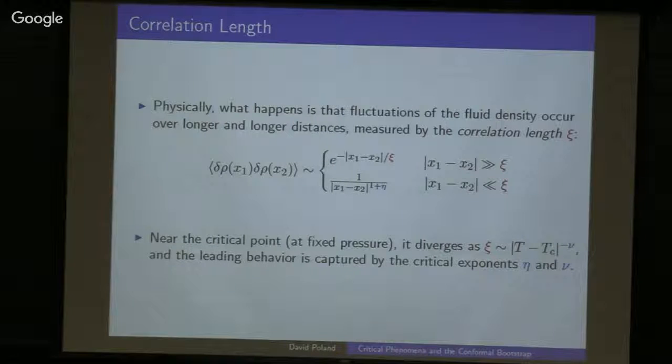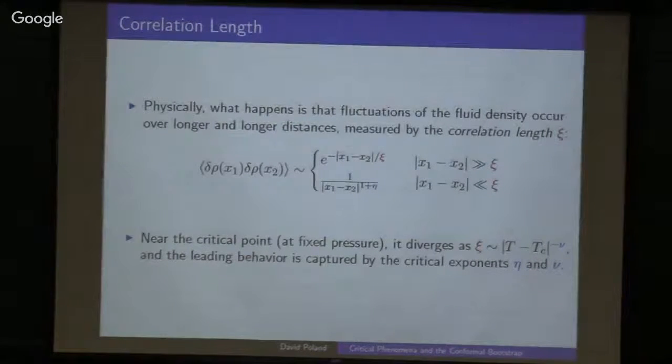What you see is that if fluctuations are very far apart from each other, then they're essentially uncorrelated. The correlation function falls off exponentially. But if the 2 points are sufficiently close to each other, then the correlation function has a power law behavior. That power law has an exponent, which is often written as 1 plus eta.